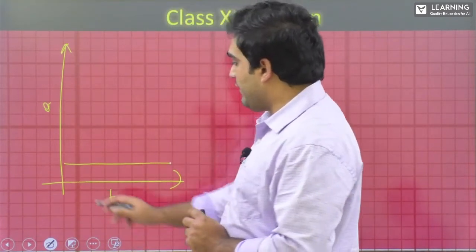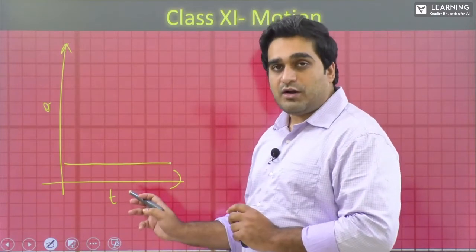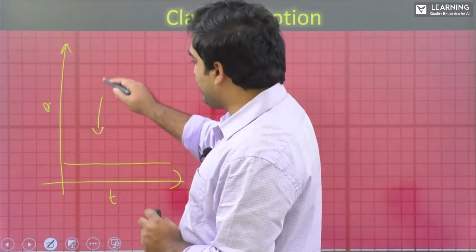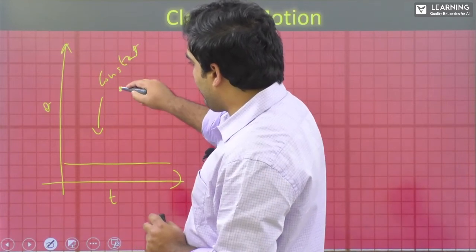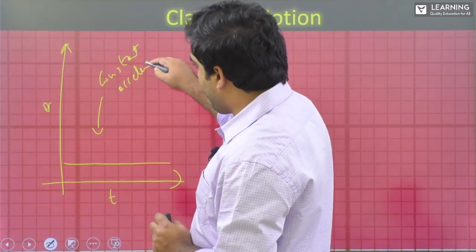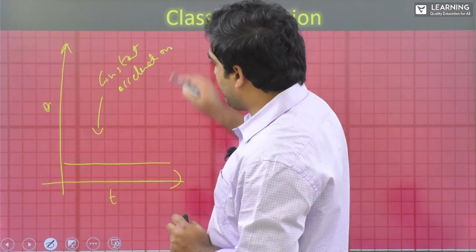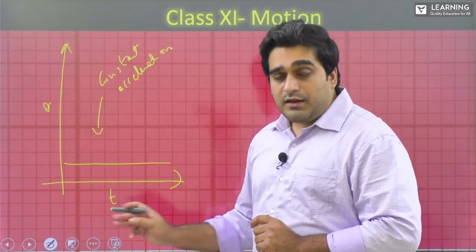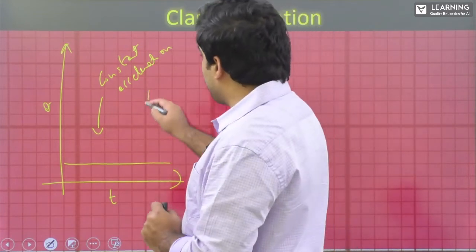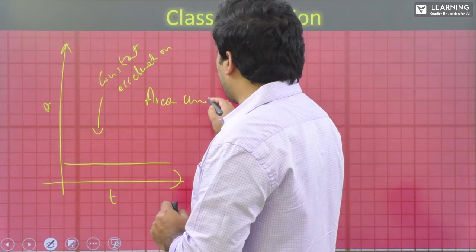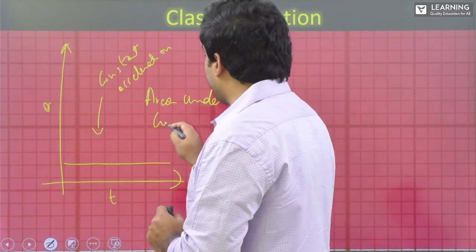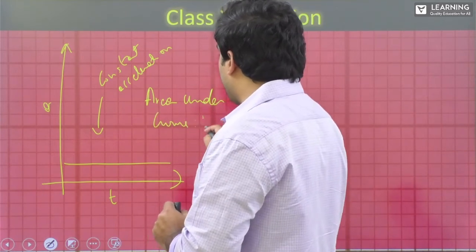One where you have this shows you a constant acceleration. Area under the curve for an acceleration time graph gives velocity.